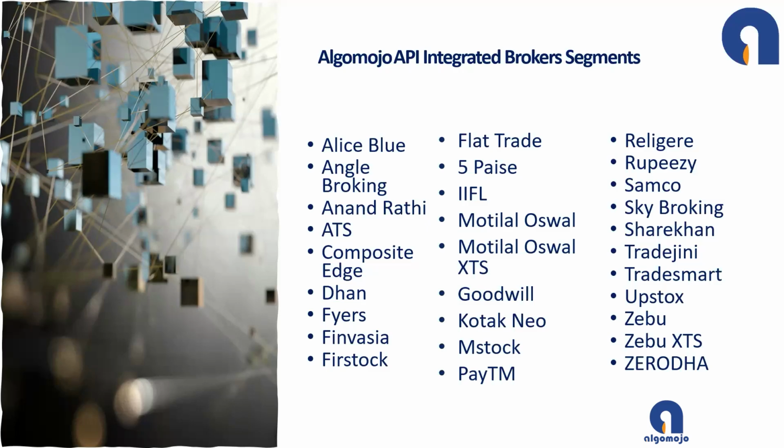Again, on backtesting, our platform doesn't support backtesting because we are not a strategy provider. We are just a bridge between your charting tool and the broker. For backtesting, you can do it in TradingView, or if you are using Amibroker, which offers huge flexibility in terms of backtesting. They have a lot of tools for backtesting and optimization that you can try.